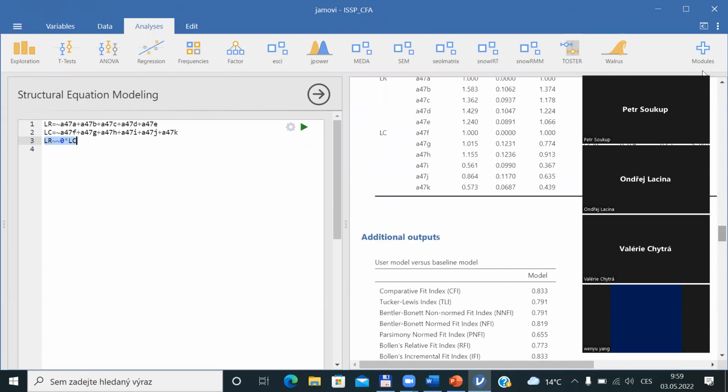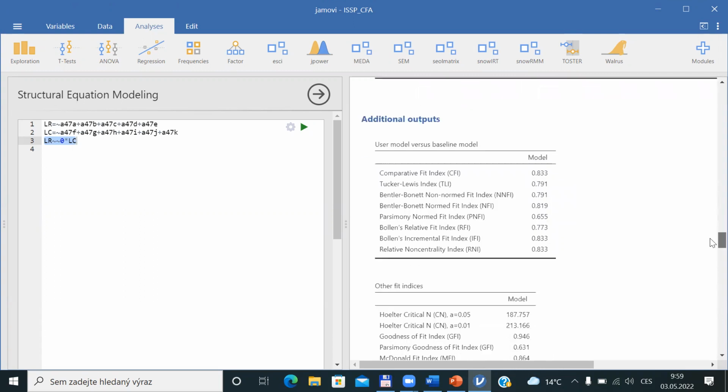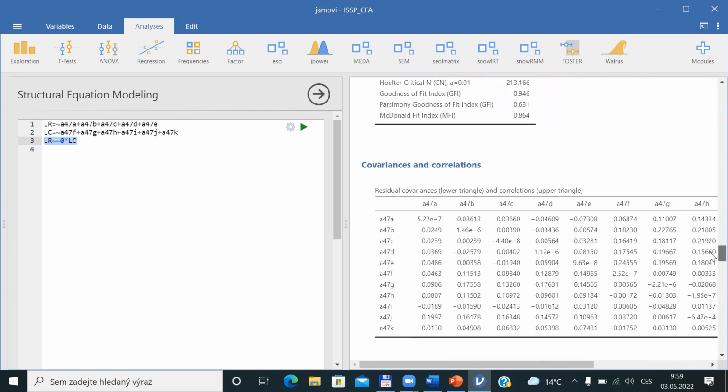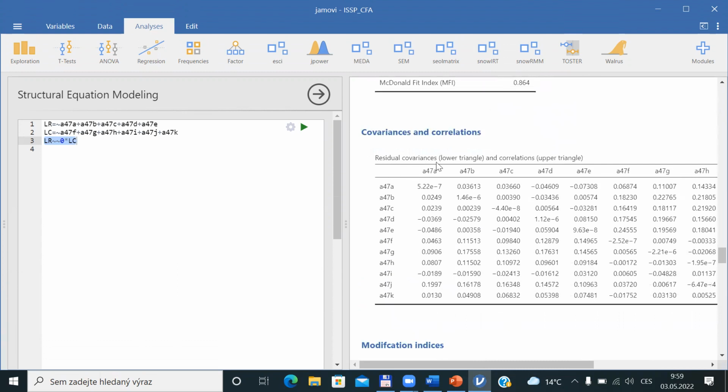And here we have modification indices, somewhere at the end, and also residual covariances and residual correlations. It is written here that residual covariances are in the lower triangle, and the upper triangle is created by residual correlations.